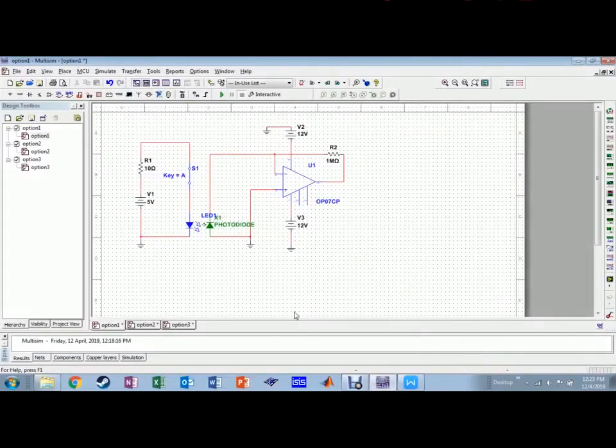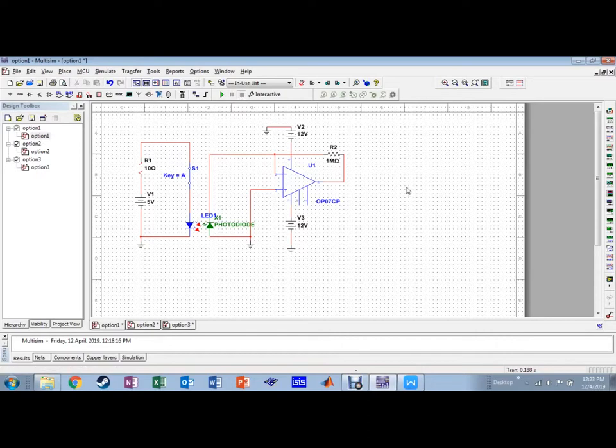I already constructed the circuit. Make sure the connections are true and try to run it. If there is any error, we need to debug or troubleshoot the circuit. So there are zero errors. First and foremost, we need to record and investigate the characteristic response.